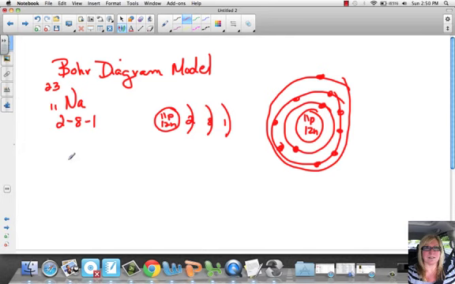How do we figure out how many electrons are in each principal energy level? Electrons in principal energy levels. We use the formula 2n squared.